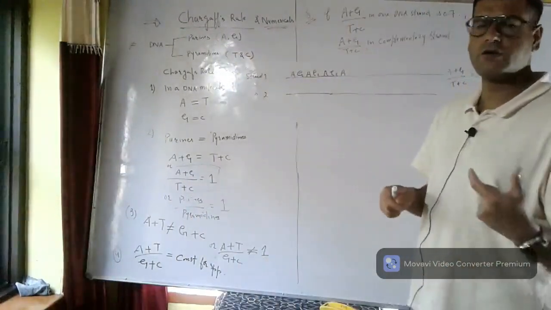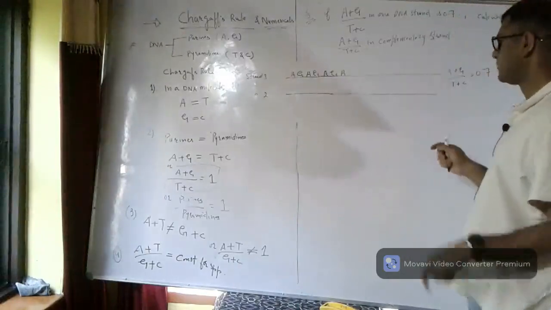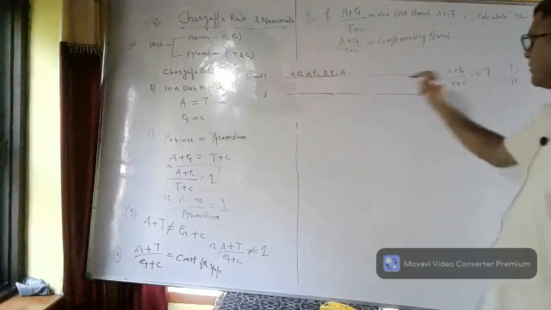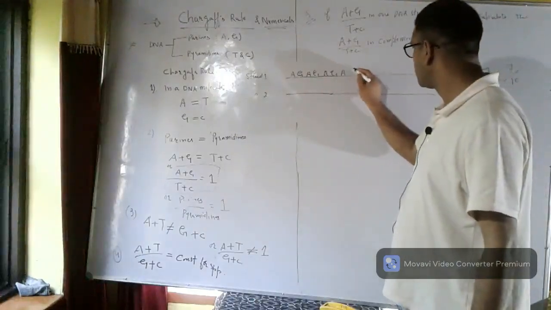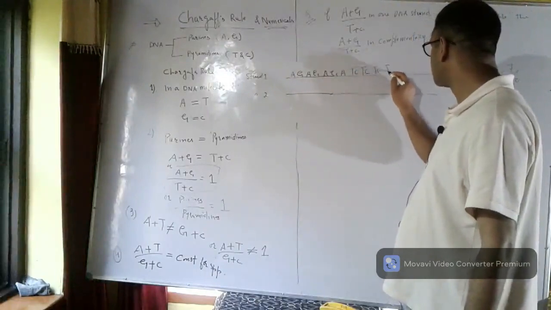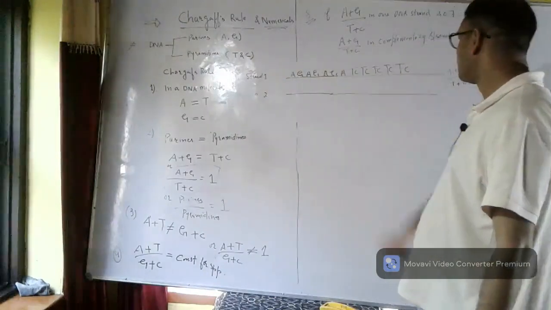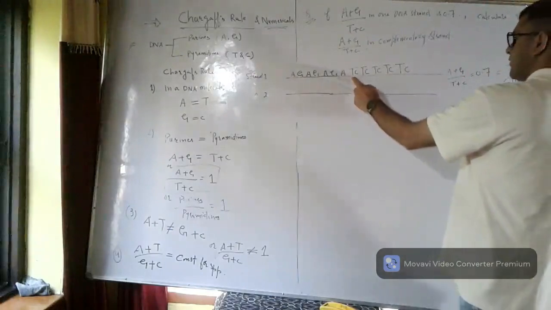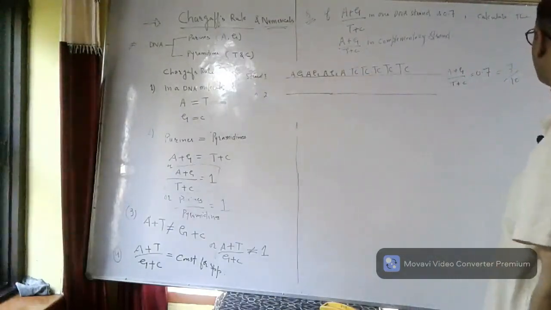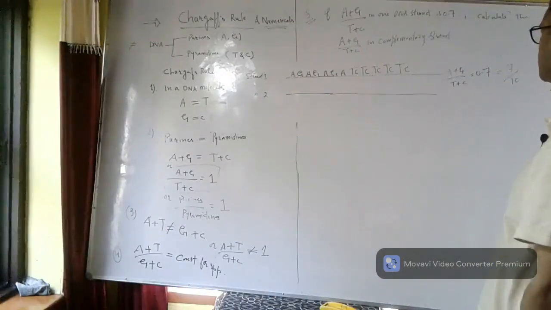The total adenine plus guanine should be 7, as given. Then we have 10 thymine and cytosine bases: 1, 2, 3, 4, 5, 6, 7, 8, 9, 10.